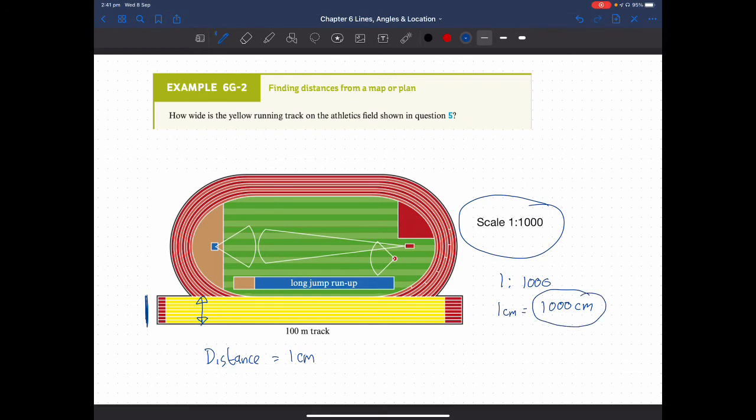There are 100 centimeters in a meter. So if I divide this number by 100, I get 10. That is 10 meters. The width across the track is 1000 centimeters, which is equal to 10 meters.